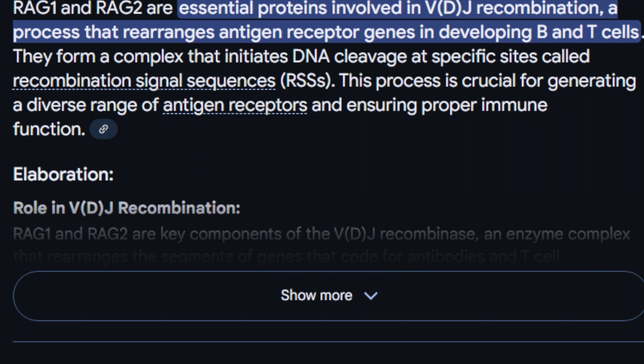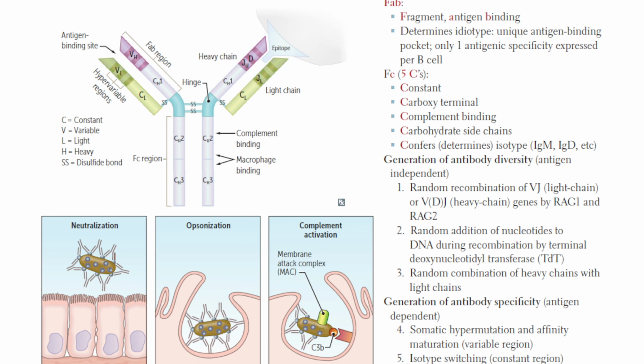This process is crucial for generating a diverse range of antigen receptors and ensuring proper immune function. So remember, random recombination of VJ in light chain or VDJ in heavy chain, made by RAG1 and RAG2.